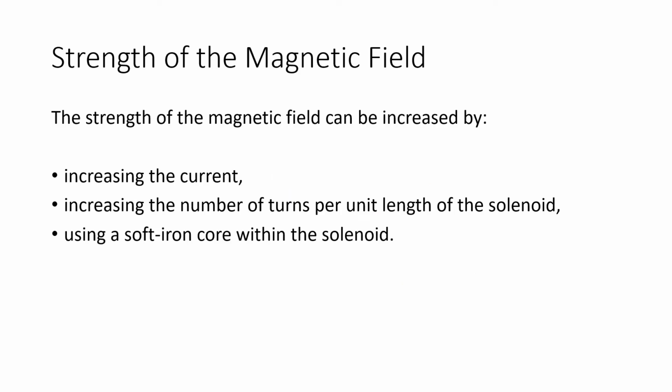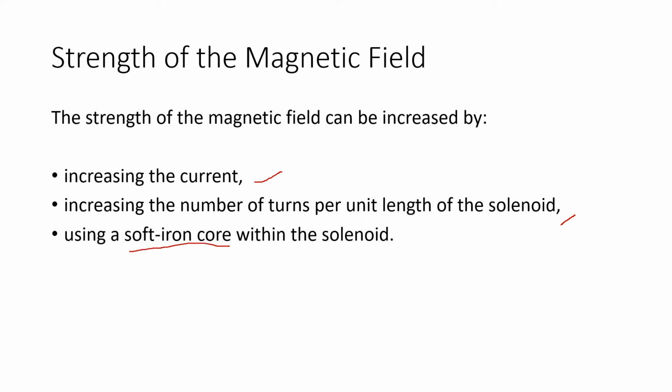The strength of the magnetic field. The strength of magnetic field can be increased by increasing the current, same as what we have learned from the coil. Increase the number of turns per unit length of the solenoid, same also. And use a soft iron core with the solenoid.